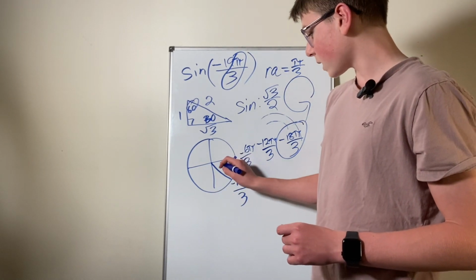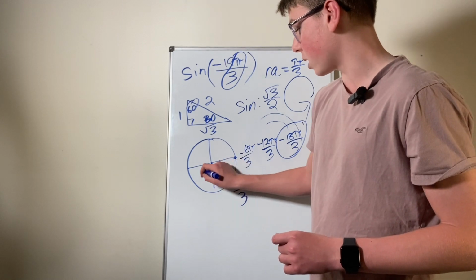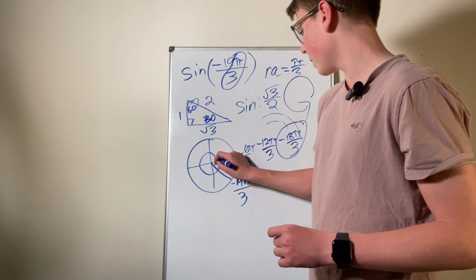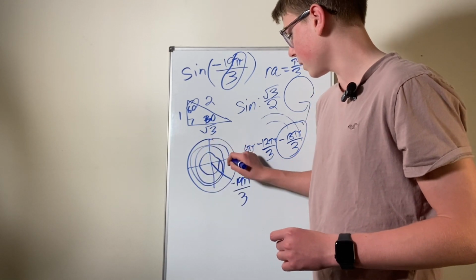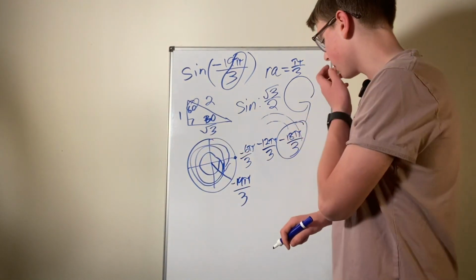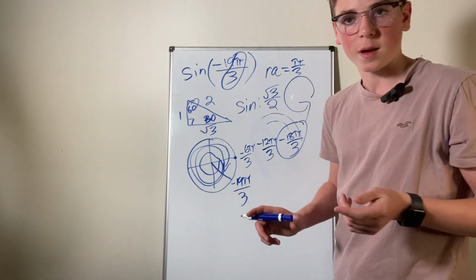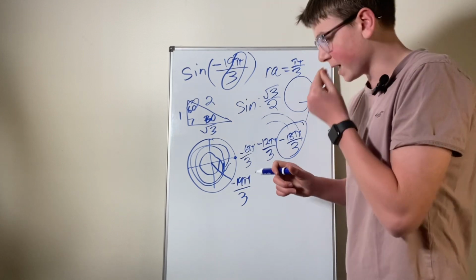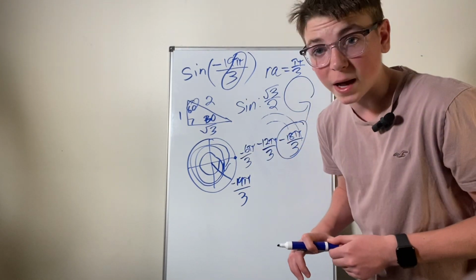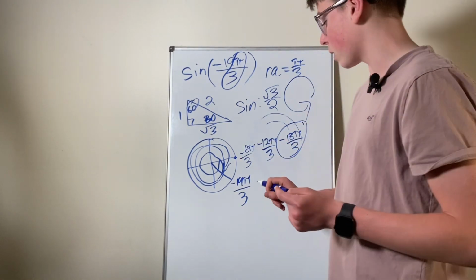Again, now show your rotation. You're going 1 time, 2 times, 3 times, and then 4. Well, you're not going around a 4th time. You're going around 3 times fully, and then negative pi over 3. Again, remember, you are going clockwise. When it's negative, you usually go counterclockwise.